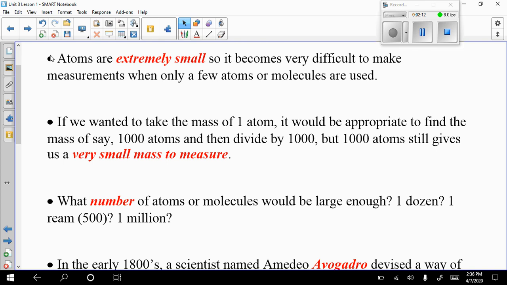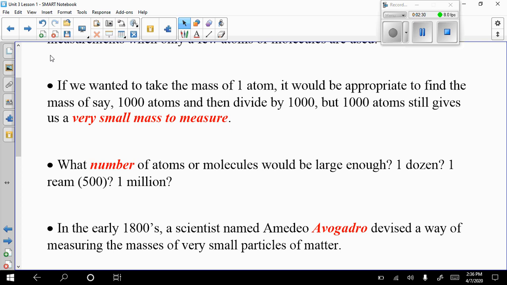If we wanted to take the mass of one atom, it would be appropriate to find the mass of maybe 1,000 atoms and then divide by 1,000. The idea is that you could take a bigger number of something and then divide by that to get the mass of one of them. But even 1,000 atoms is still pretty small.